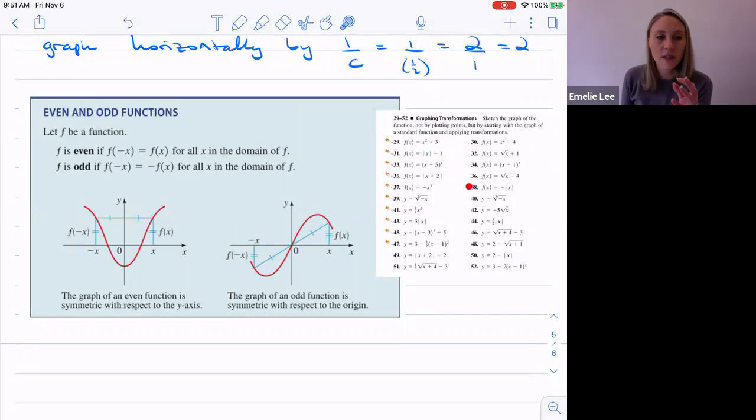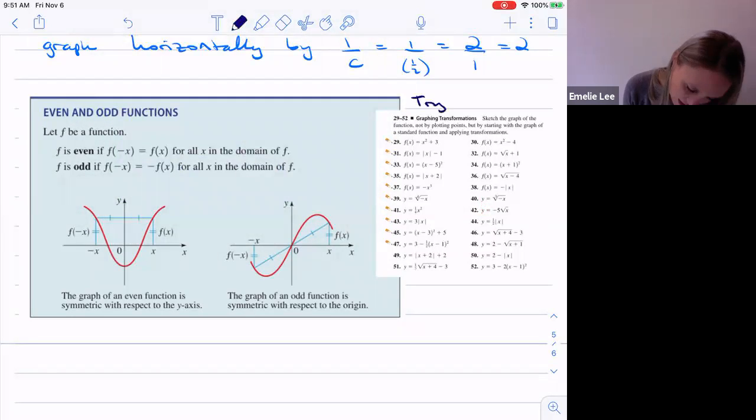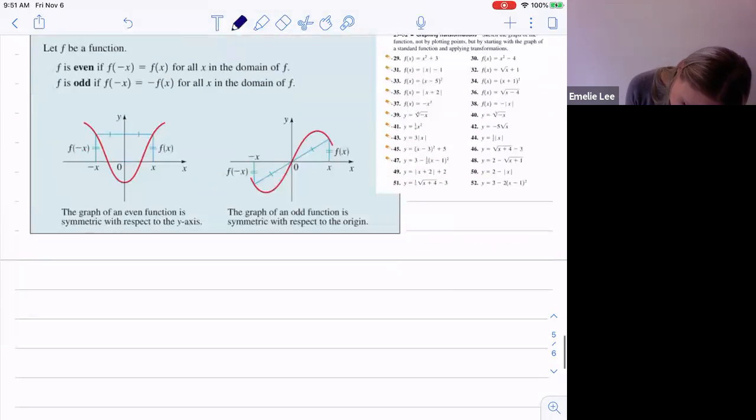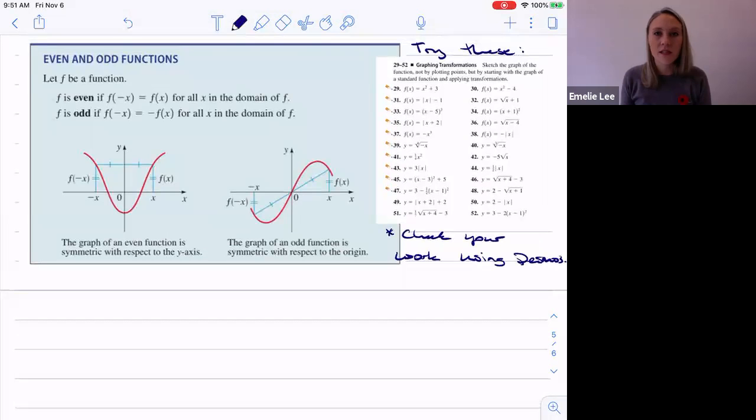You can try some of these and sketch some of these and check your work using Desmos. You're not going to hand it in or anything. Try these. Check your work using Desmos, so just make sure that once you've manipulated these, you get the same thing that you did in Desmos. Okay.